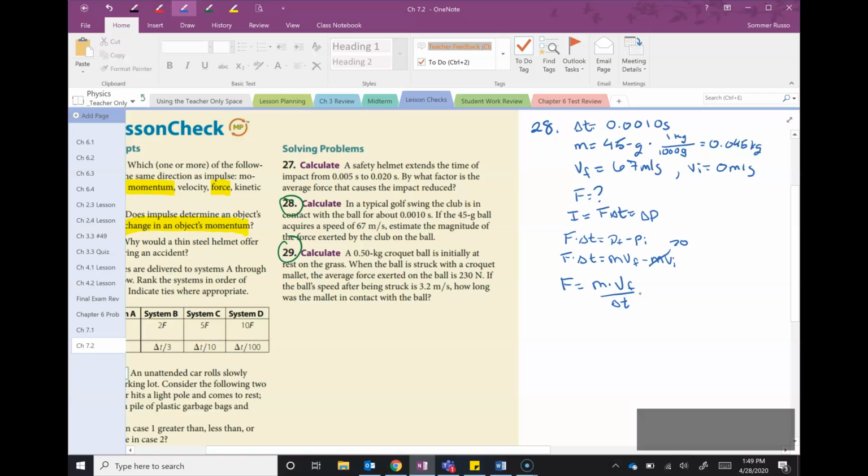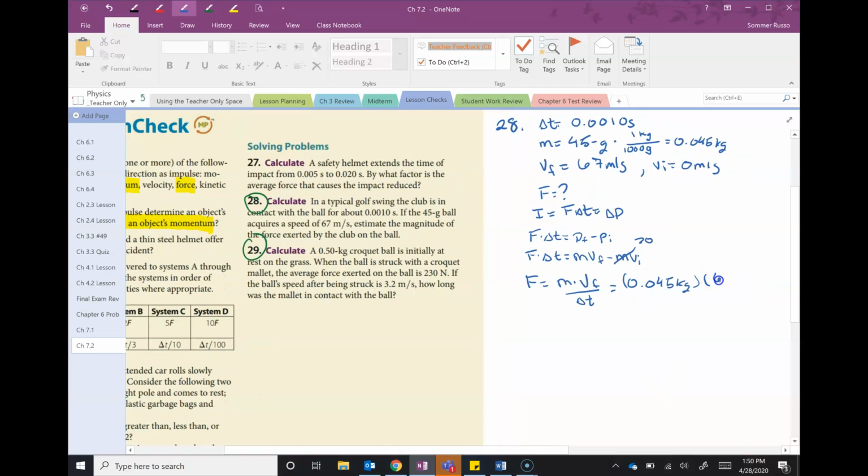Right. We have everything that we are interested in for this particular problem, so we can plug and chug. So 0.045 kilograms times 67 meters per second. And we're going to divide that all by our super, super tiny time. Right.